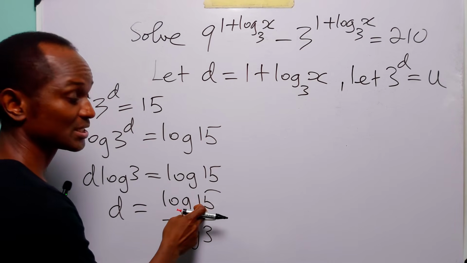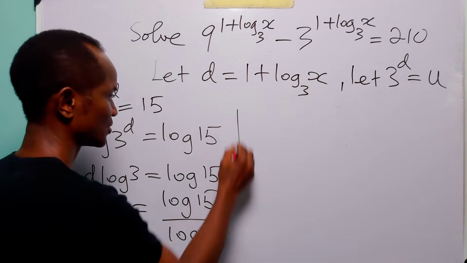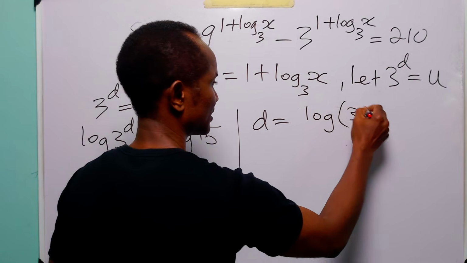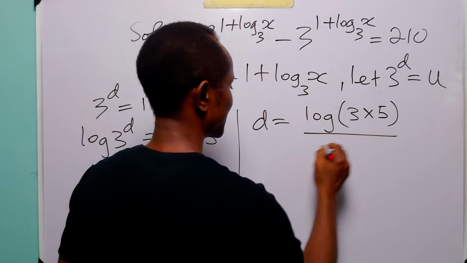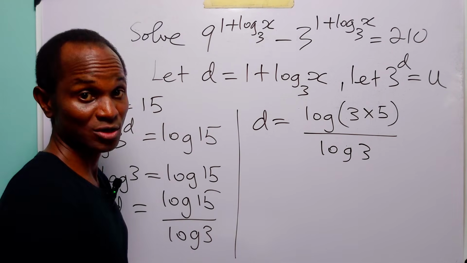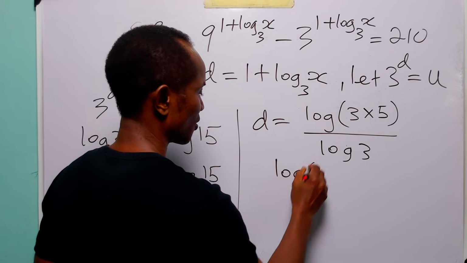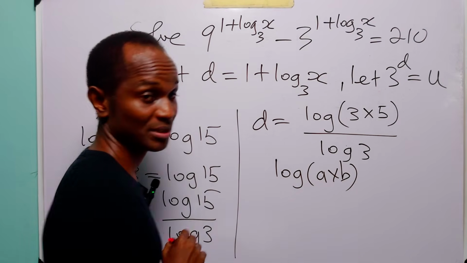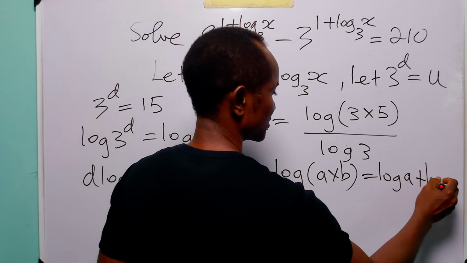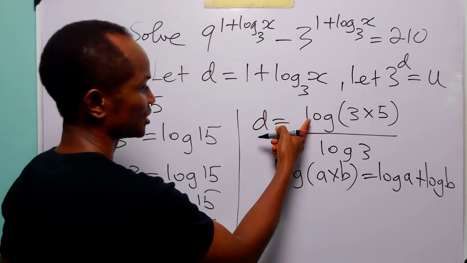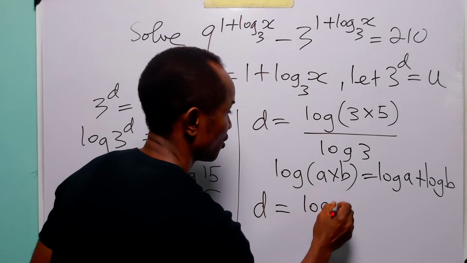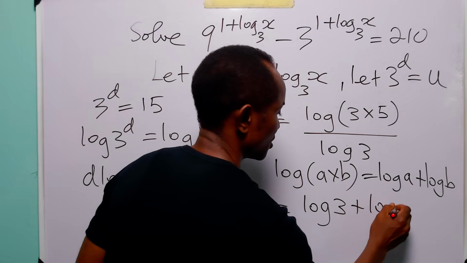But of course, we know that 15 is equal to 3 times 5. So this is d is equal to log 3 times 5 divided by log 3. And of course, let us remember that when we have log a times b, this is equal to log a plus log b. So the numerator in this fraction can be written as log 3 plus log 5.